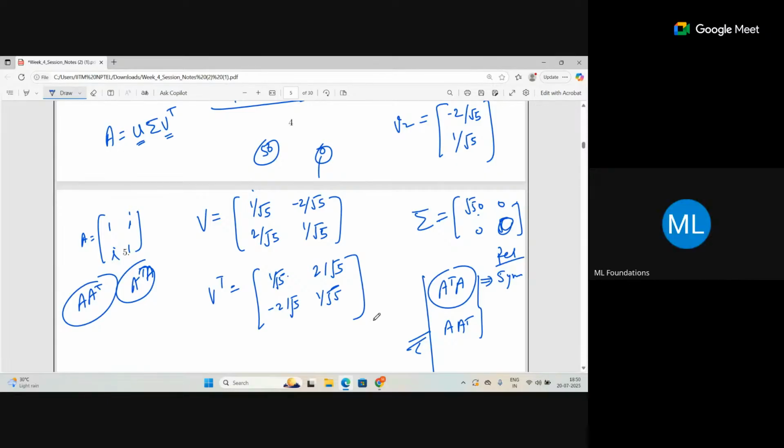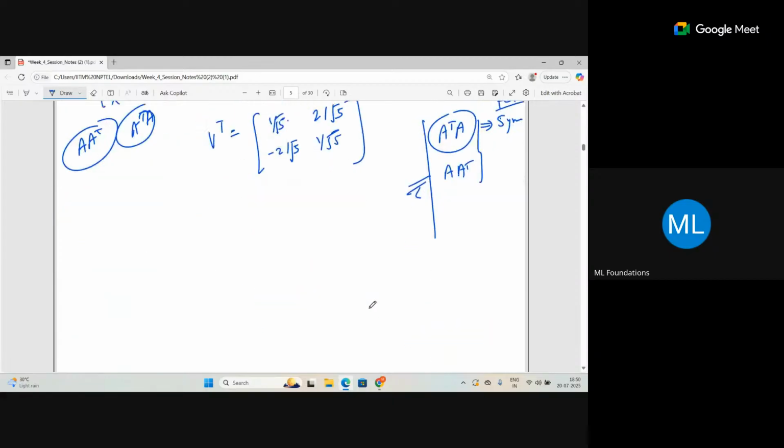A transpose A and A A transpose are definitely symmetric, that is for sure. But if they are real, in that case, the eigenvectors of A transpose A and A A transpose are going to be orthogonal, and the eigenvectors of these two matrices are going to form the two new matrices, which are U and V. Done? Clear?